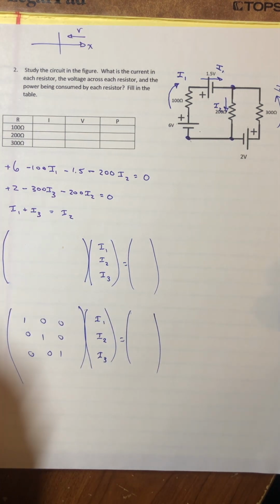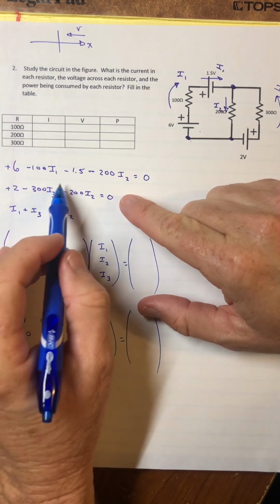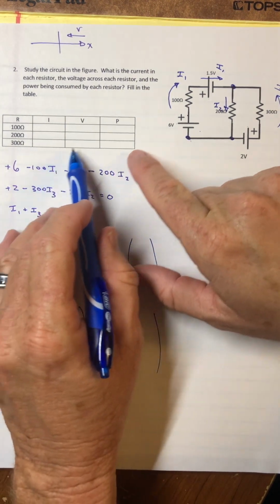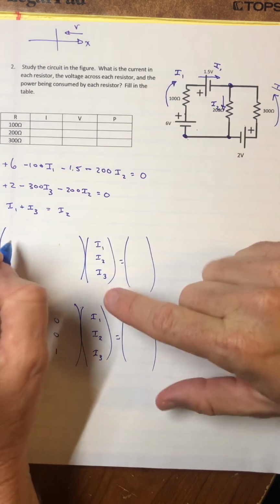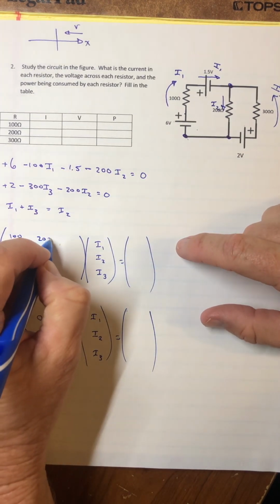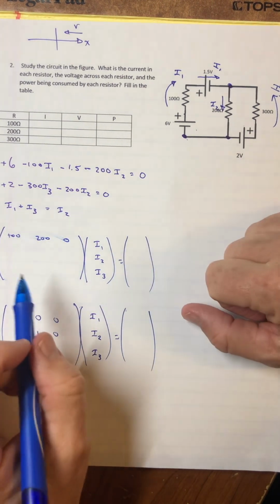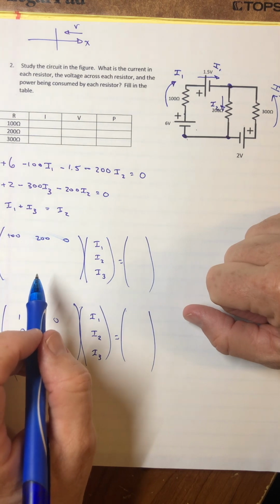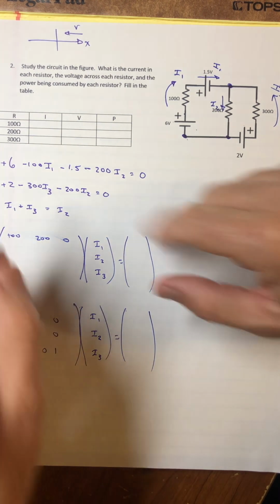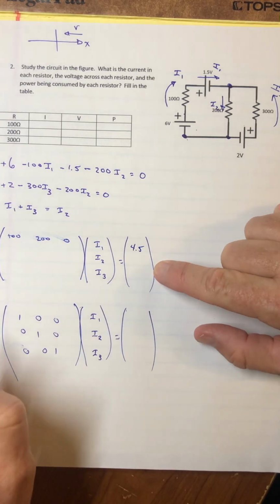All right, so why don't I rewrite this equation, and I'll just do it mentally and move these to the other side. So this would be a plus 100 and a plus 200, and no current number 3 is in that equation. And then on this side would be 4.5.